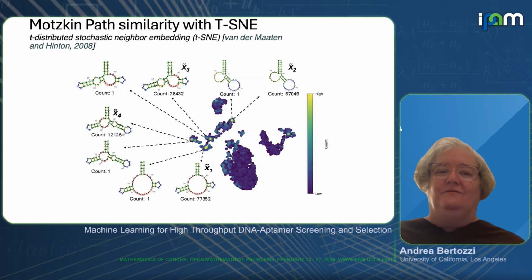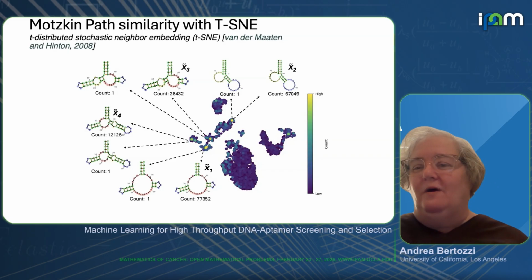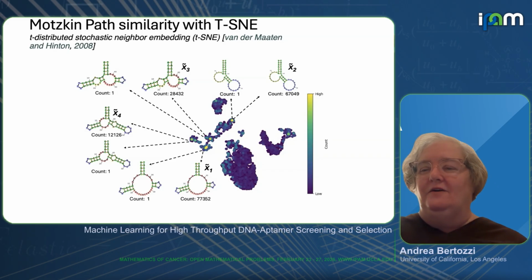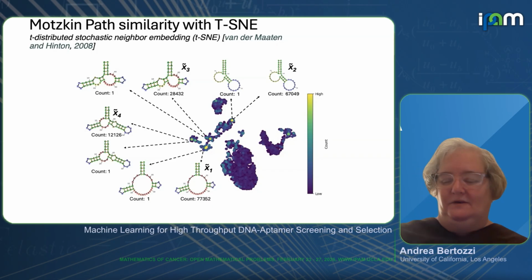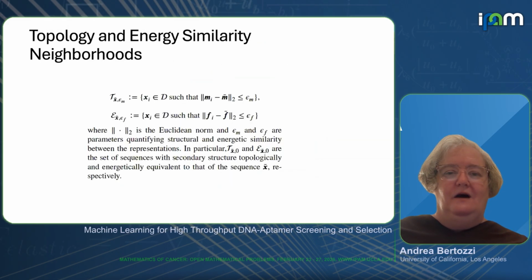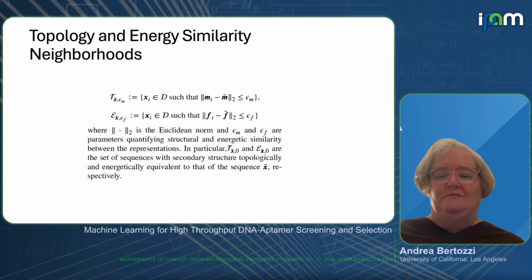For selectivity for norepinephrine, you'd want to see whether it could bind to norepinephrine but not to similar neurotransmitters like dopamine, serotonin, and things like that. Then you can look at topology and energy similarity neighborhoods for these aptamers, and at things that show up within those neighborhoods.